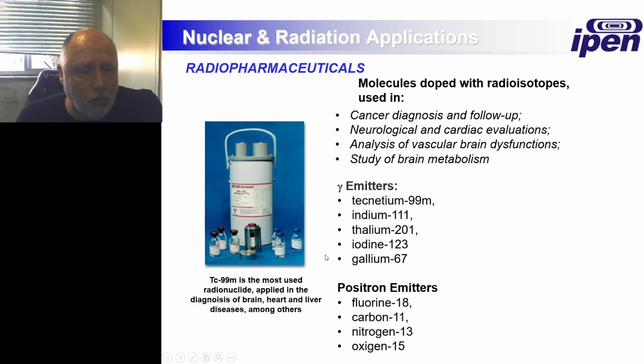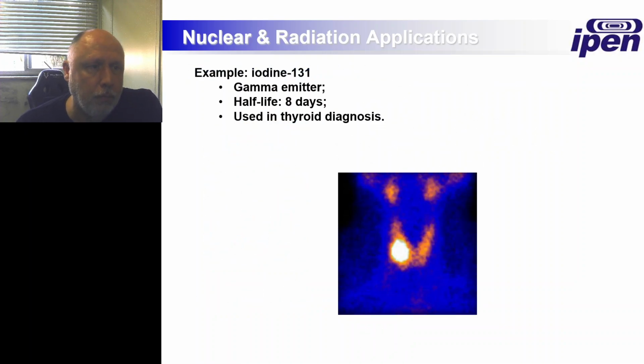And usually we have either gamma emitters like technetium, indium, thallium, iodine, or gallium, and these specific isotopes, right? Or the positron emitters, as I said, which are used for positron emission tomography. Just a few examples here.